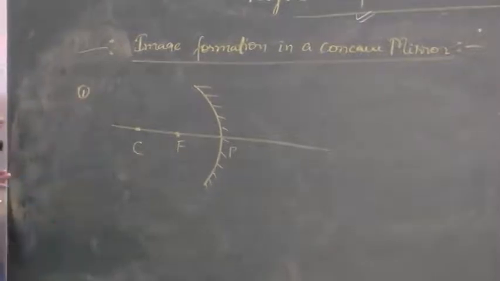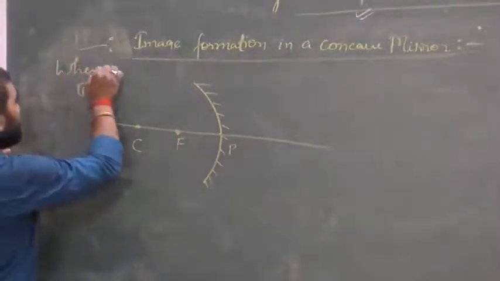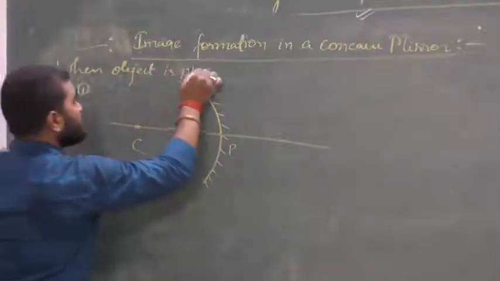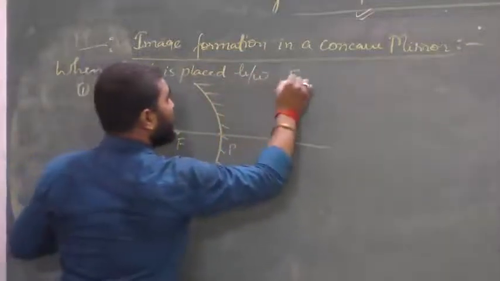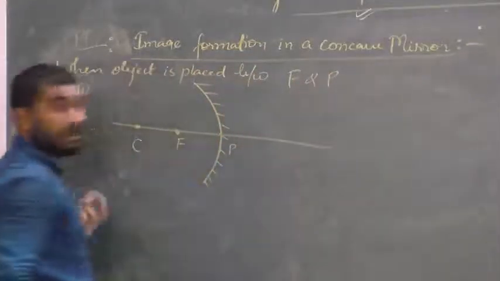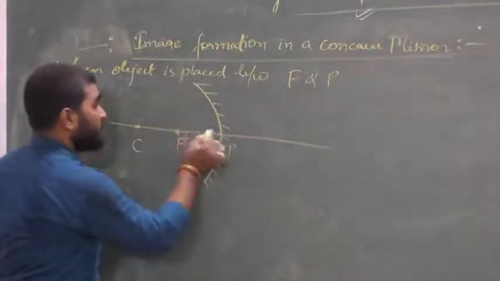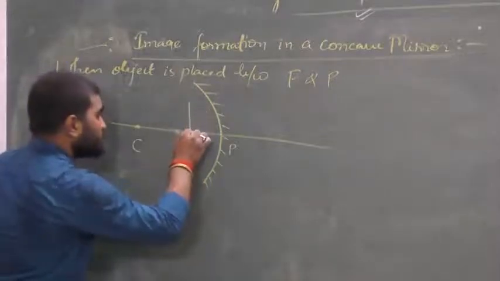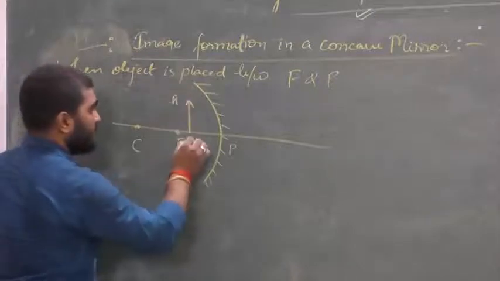this first case. When the object is placed between F and P, meaning between the principal focus and the pole, then we can see here, let us suppose this object is placed here, AB.